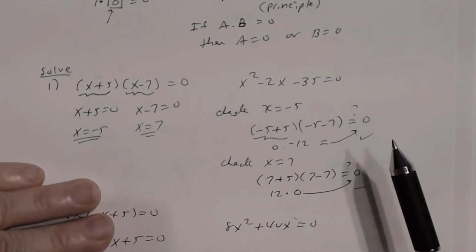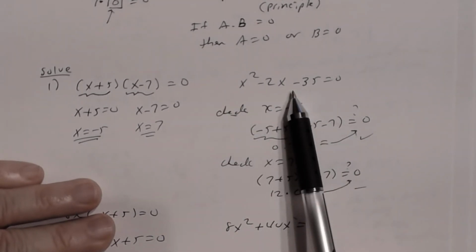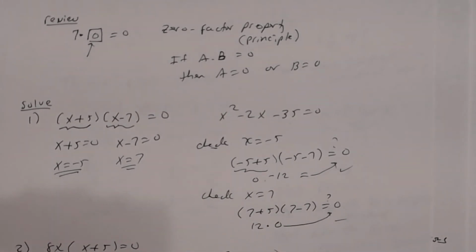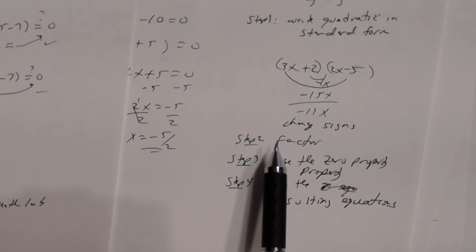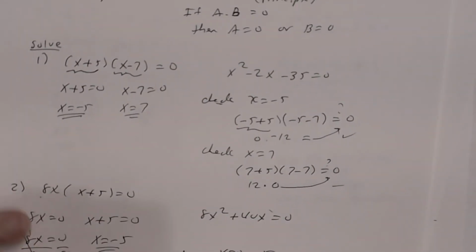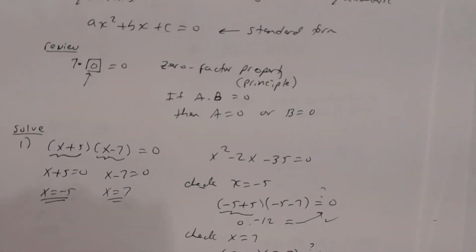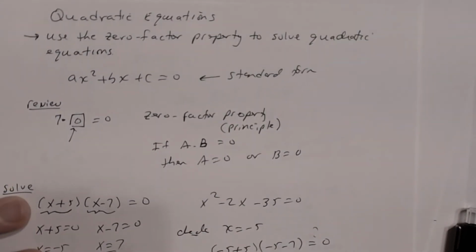So in another lesson coming up, you're going to see a polynomial that's not quadratic, but you're still going to use the zero factor property. You're still going to use the step of factoring, then set each one equal to 0. Okay? All right, so that's going to be the end of this lesson that deals with solving quadratic equations using the zero factor property.